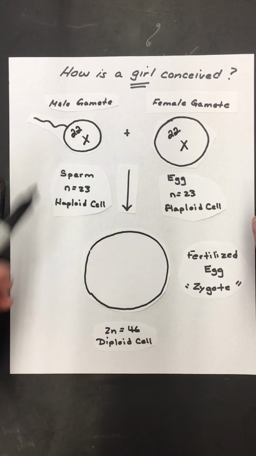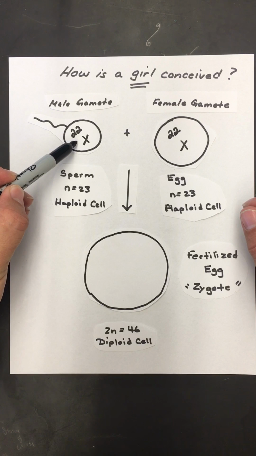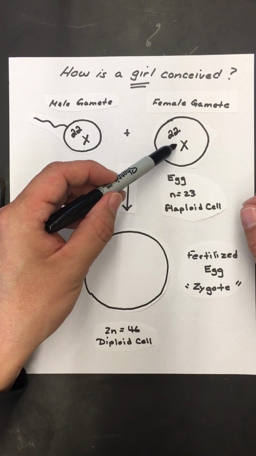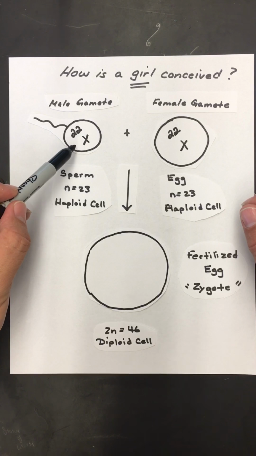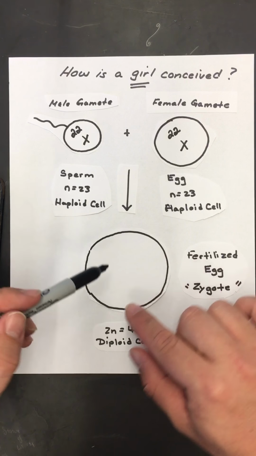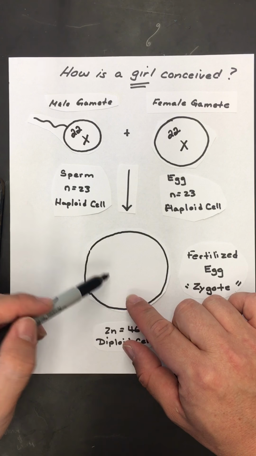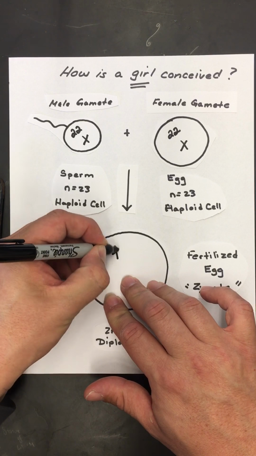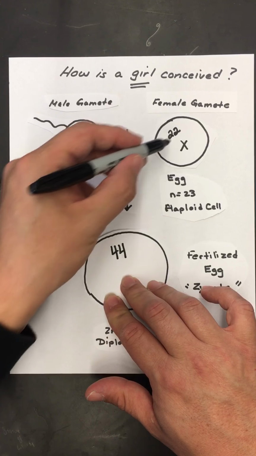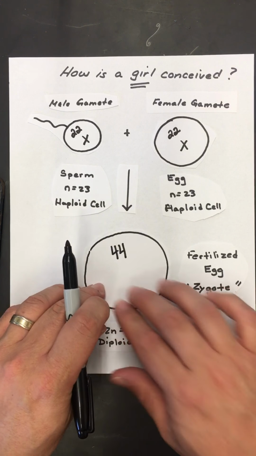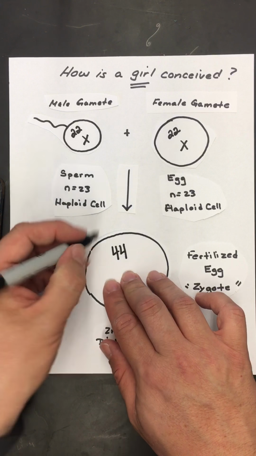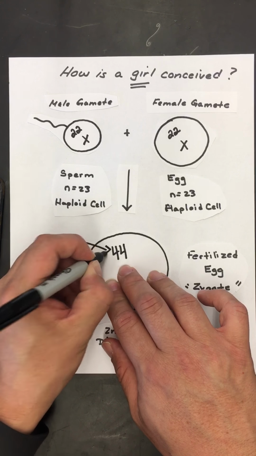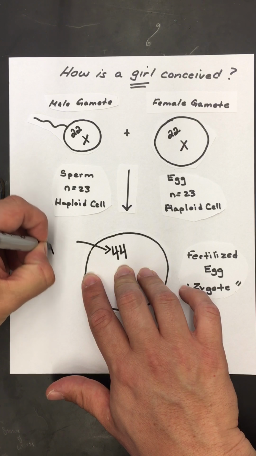So now, if you notice, we have 22 plus 1, that's 23. 22 plus 1, that's 23. So now, 23 plus 23, that would give us our 46, right? But 22 plus 22, that equals 44. So these 22 combine, and now the fertilized egg has 44 autosomes.